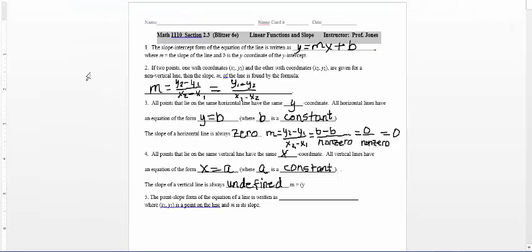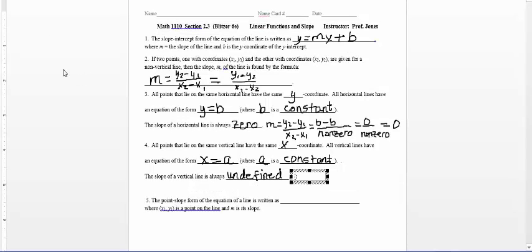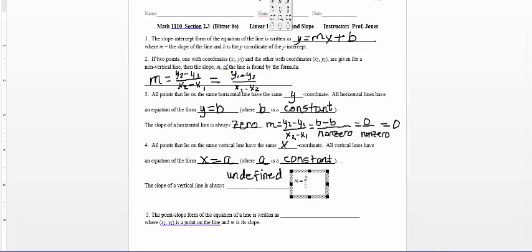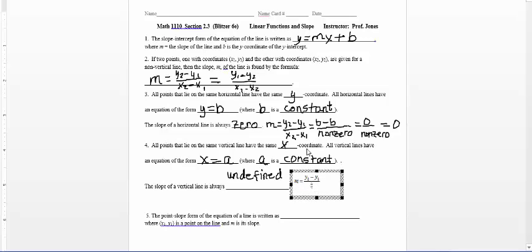Turns into the following. M equals y2 minus y1 over x2 minus x1.